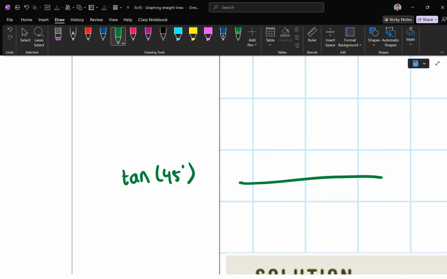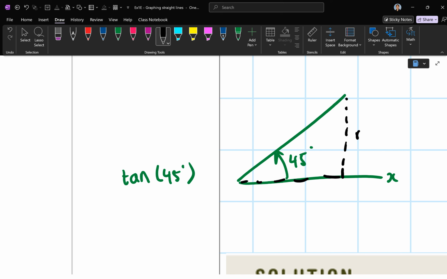If this is your x-axis and you created an angle of 45 degrees and that's the shape, the proportion of rise and run works out to be rise over run equal to whatever that number is. Now I know tan of 45 is 1, so you're saying it's a gradient of 1, so it means it's a 1 by 1.